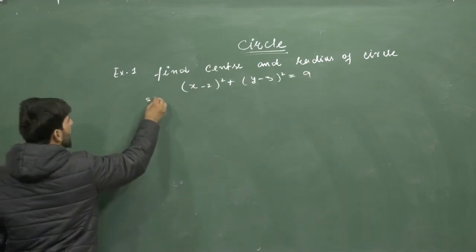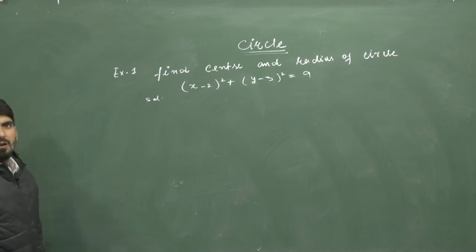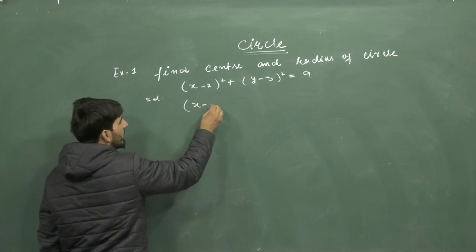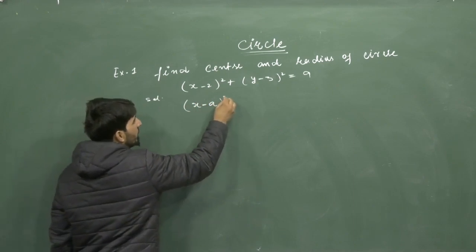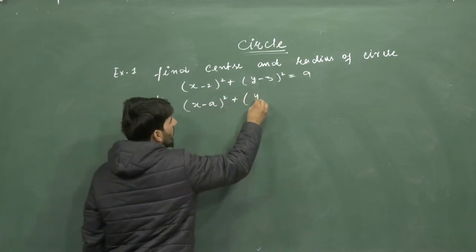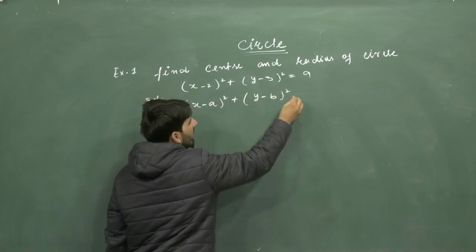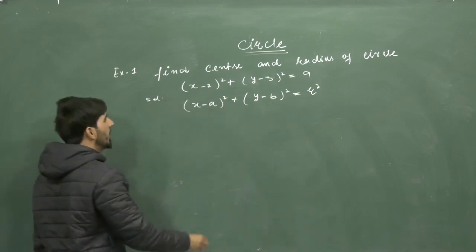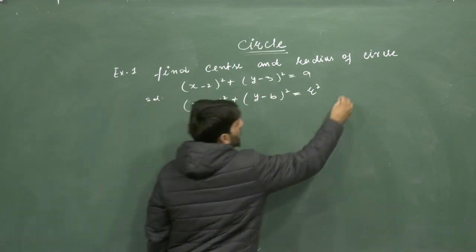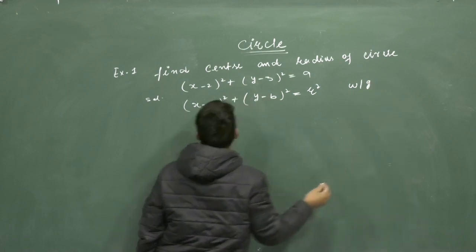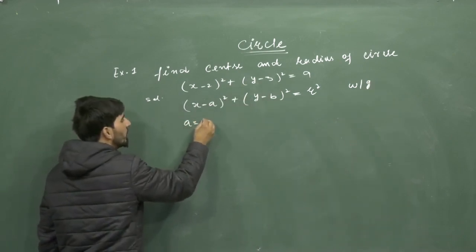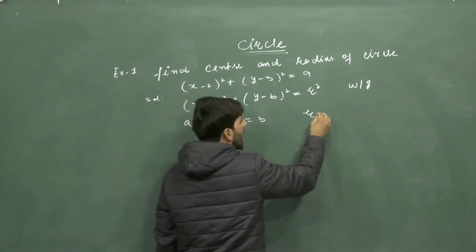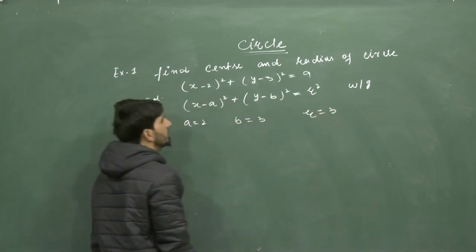On comparing this equation with the standard equation of circle, x minus a whole square plus y minus b whole square is equal to r square, we get a is equal to 2, b is equal to 3, and r is equal to 3.